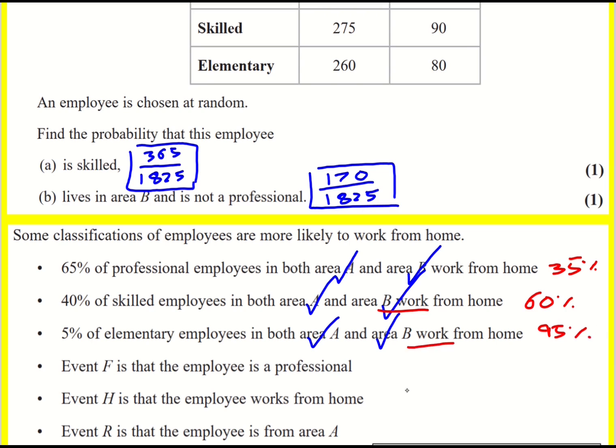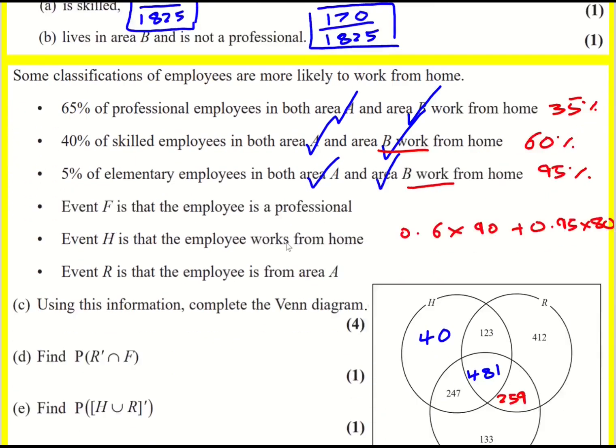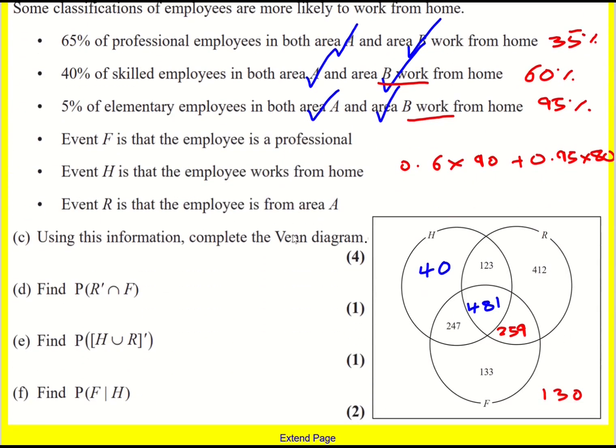So it would be 0.6 times 90 plus 0.95 times 80. And if you work that out, it again gives you 130. So you can be pretty happy with your Venn diagram. I'd say definitely spend time on that, so that you should get follow through marks for D, E, and F, to be fair. But it's good to make sure it's correct.